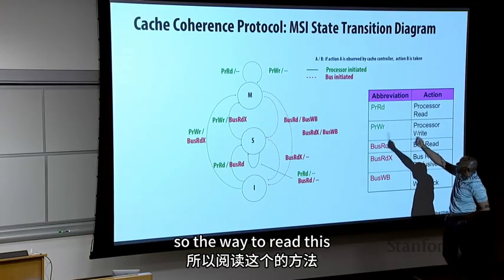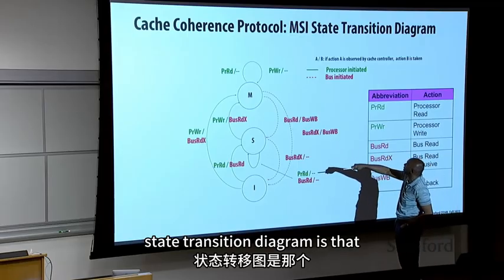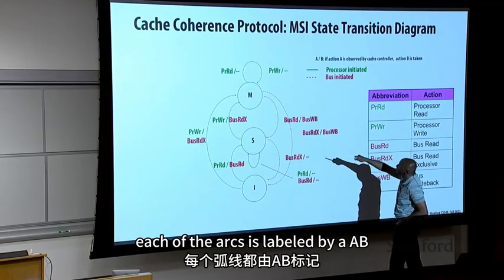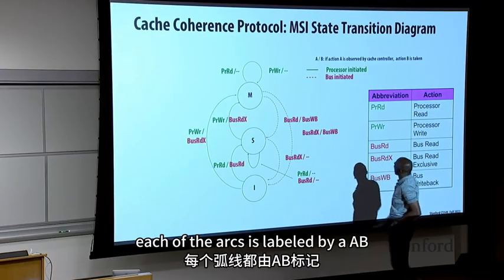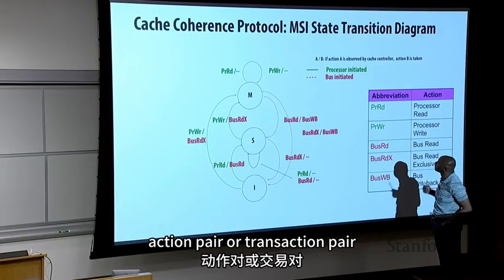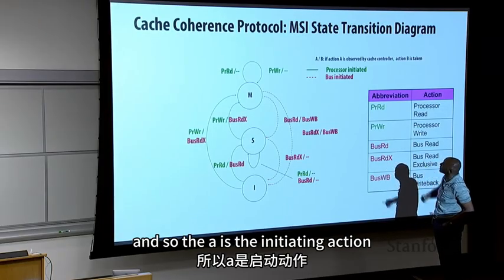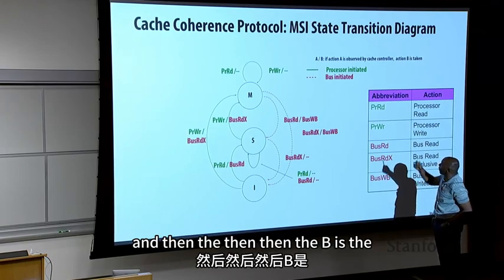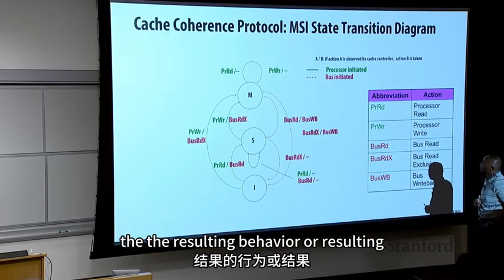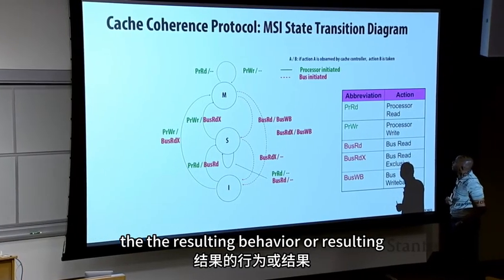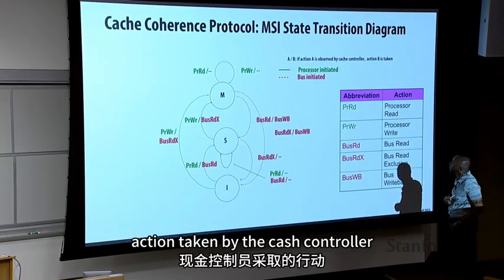So the way to read this state transition diagram is that each of the arcs is labeled by an A-B action pair, or transaction pair. The A is the initiating action, and the B is the resulting behavior or resulting action taken by the cache controller.